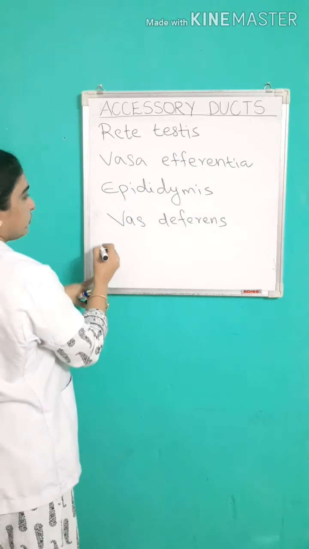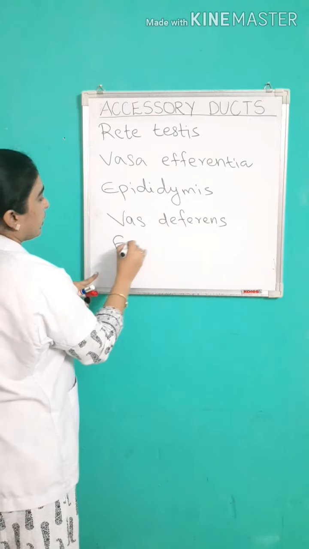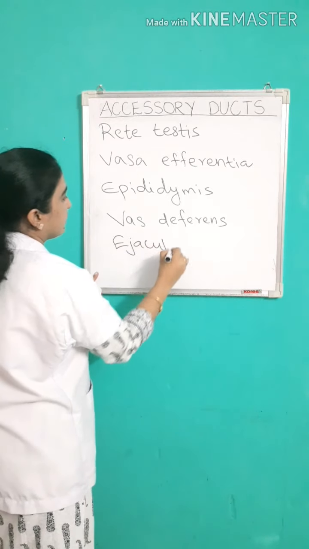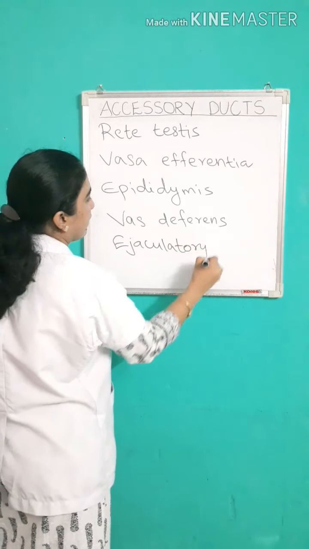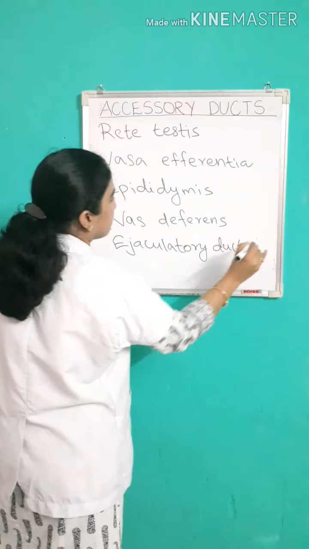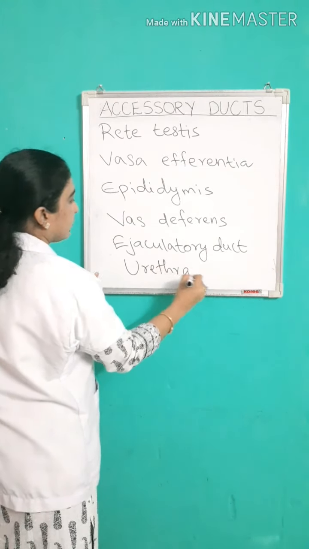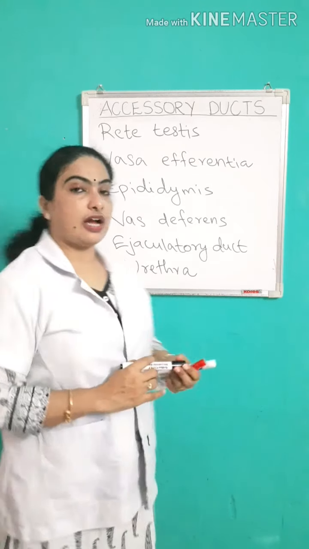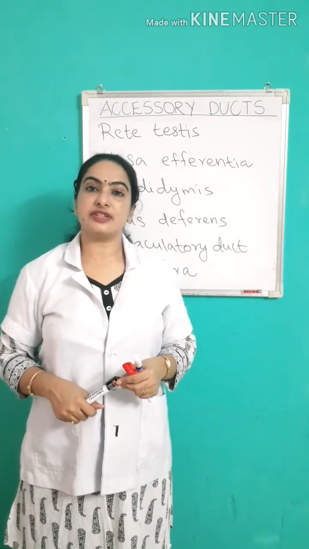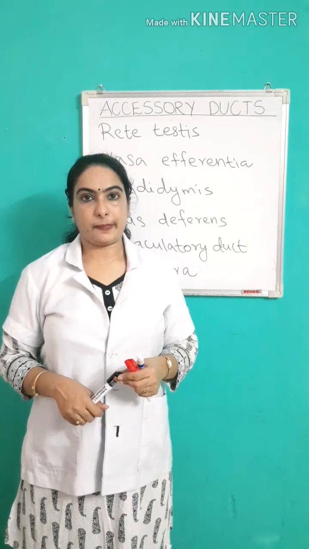See the spelling, vas deferens. Ejaculatory duct and urethra. These are the major accessory ducts in the male reproductive system.